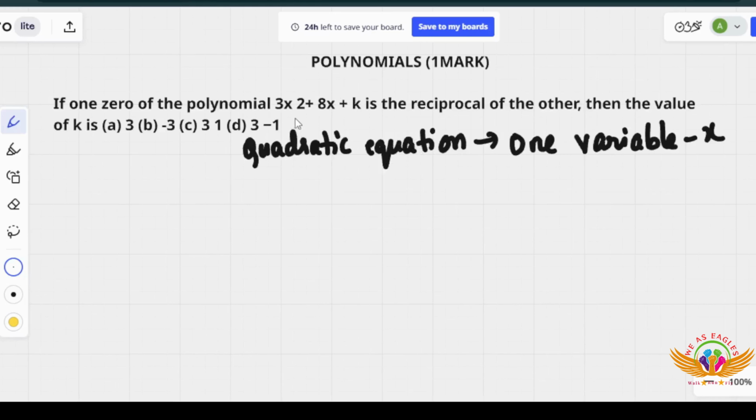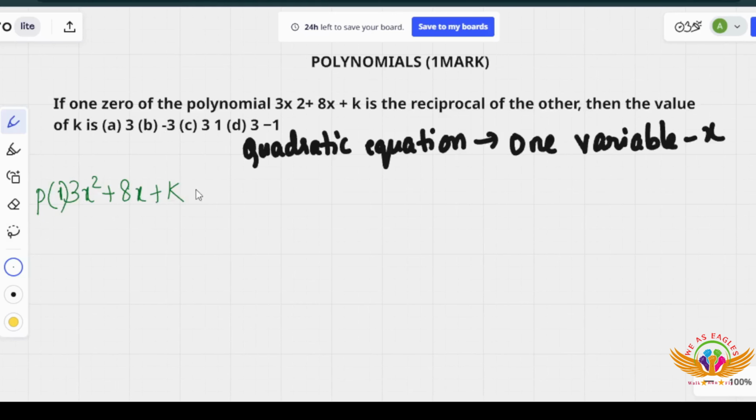Here they have given one quadratic polynomial: 3x square plus 8x plus k. We generally write it as p of x. So p of x is 3x square plus 8x plus k.